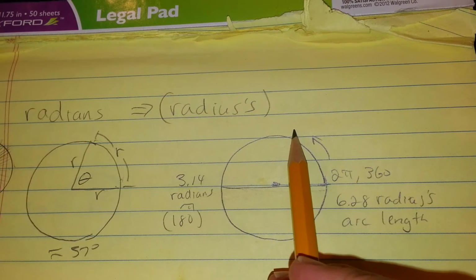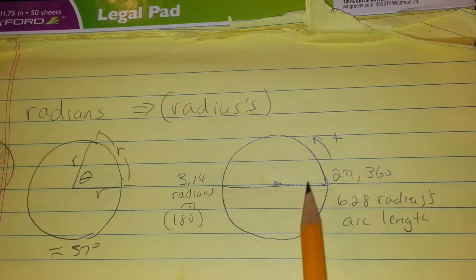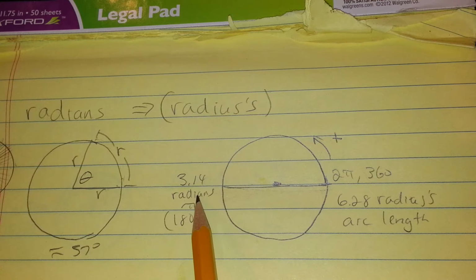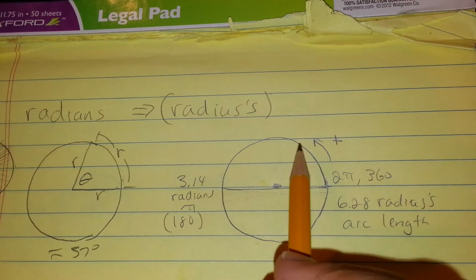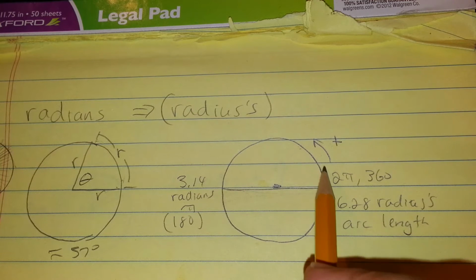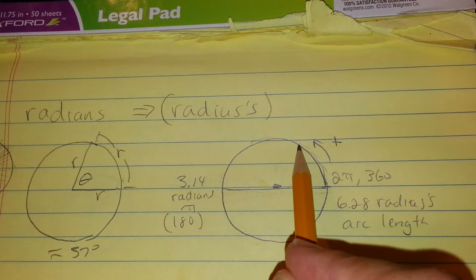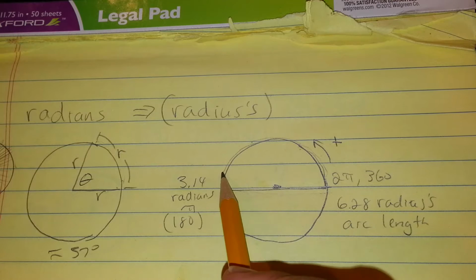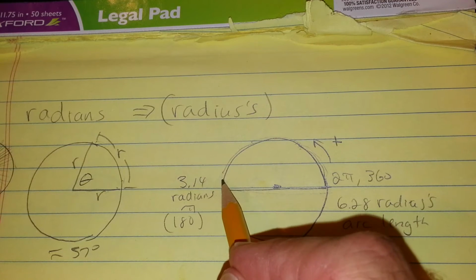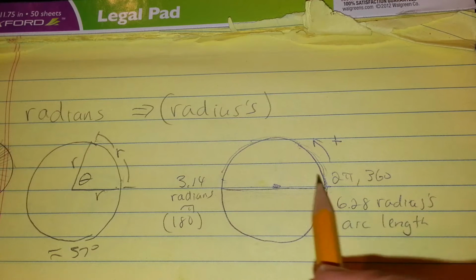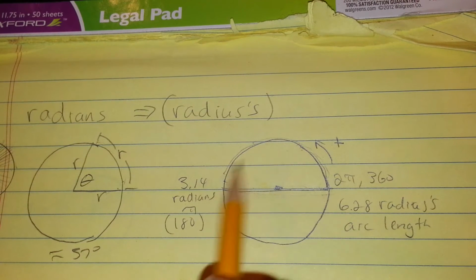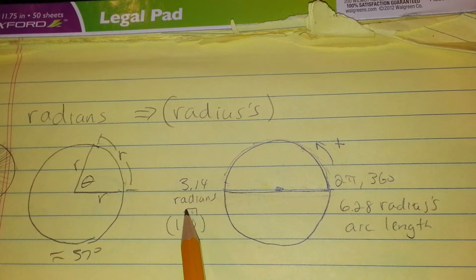We learned from our little wiki sticks that if we start here at standard position and go counterclockwise, which is plus, 3.14 radians is pi. About 3.14 radiuses mapped out here: 1 radius, 2, 3, and a little bit more. 3.14 radiuses is the arc length of 180 degrees, and that's also what we've labeled pi.